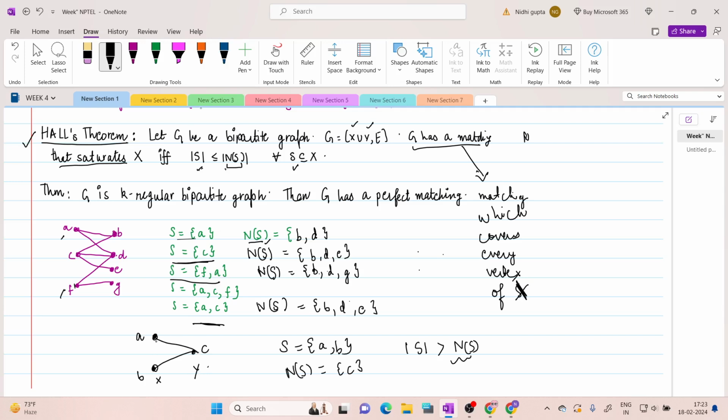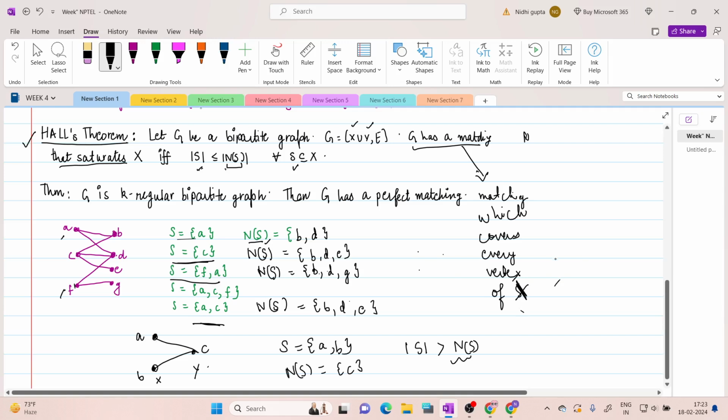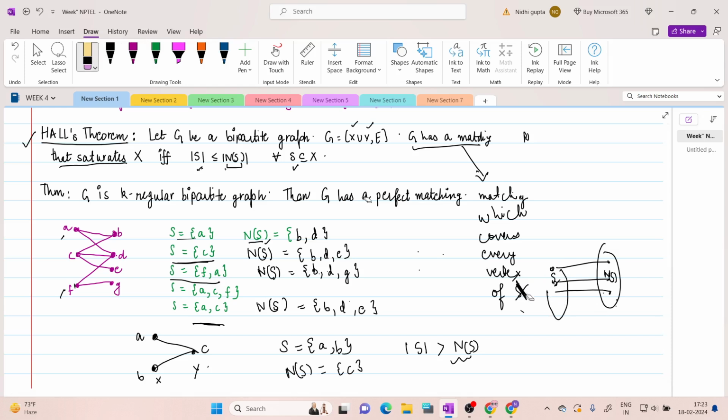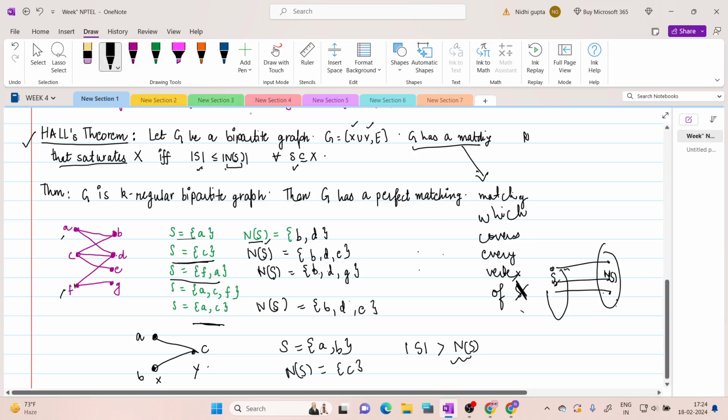If we have some S here and N(S) here, and the order of N(S) is less than S, then if we pick a distinct neighbor for each element of S, we will be left with some elements of S which we cannot match to any neighbor.